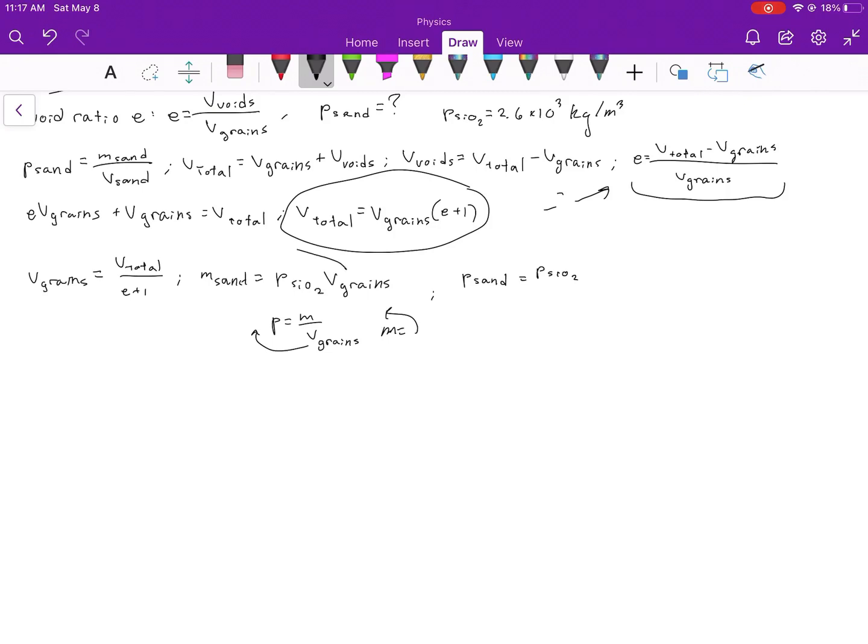We already know it, and we also know what V grains is, which is that. So the density of the sand is going to be ρ SiO2, the density of each grain, over the volume of total, and we multiply that by V grains, which is also V total over e plus 1.